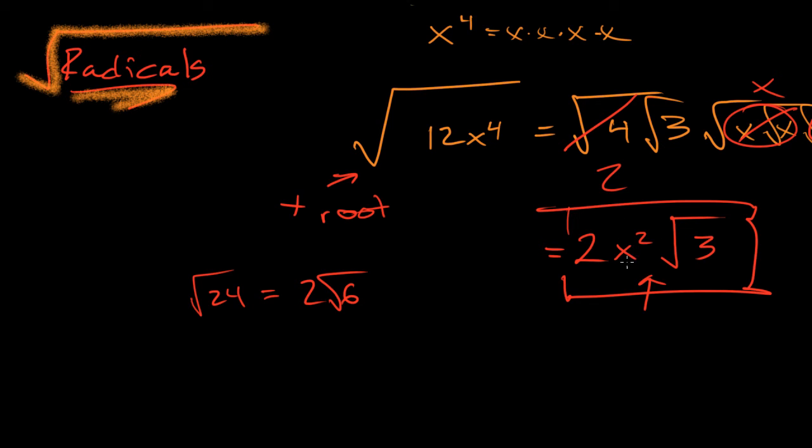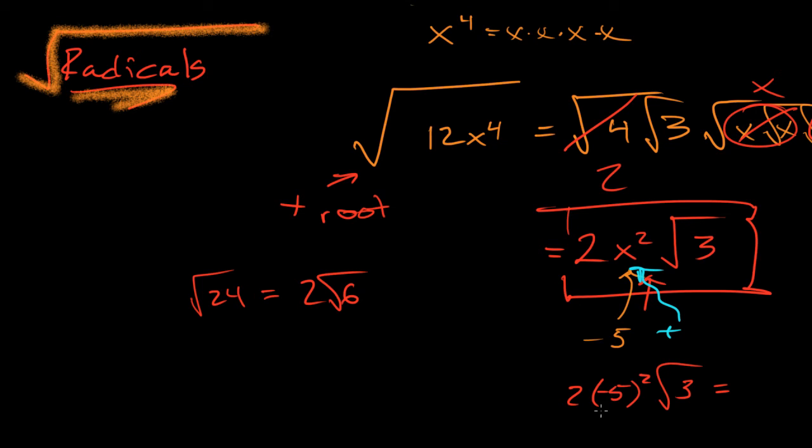It's harder with expressions that include variables because the variables could be any number. So if I put, let's say, -5 in for x, will the answer here be positive? And what if I say x is positive? Will it still be positive? Well, let's just try that really quick. If I do 2 times -5 squared times the square root of 3, will I get a positive answer?